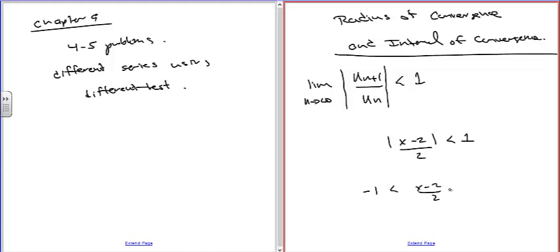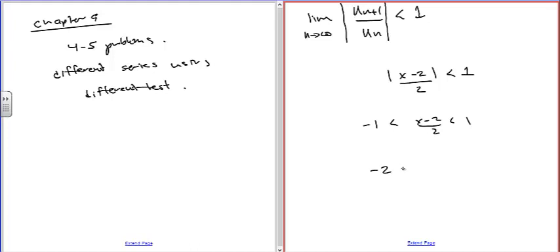So we have negative 1 less than x minus 2 over 2 less than 1. Then you multiply everything by 2 to get rid of the fraction, and then we add 2 to get that. So this is the interval of convergence, except you have to do your endpoints.